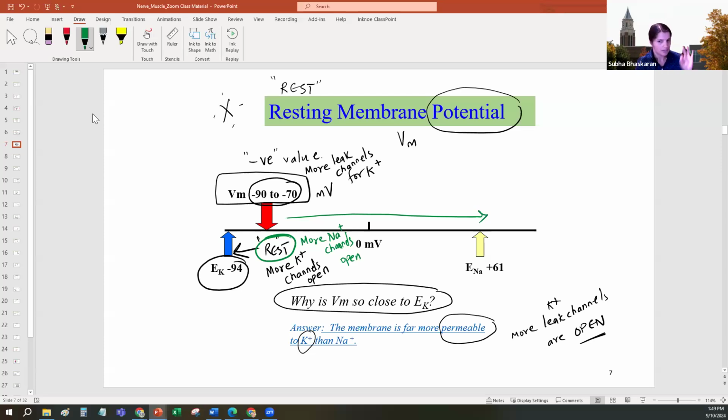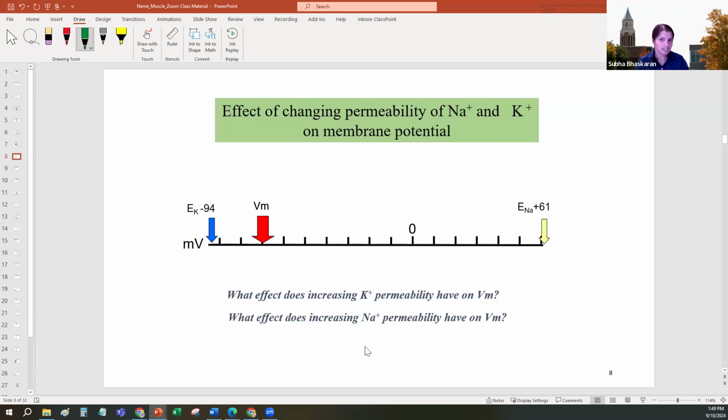So again, we have seen a few things. Effect of changing permeability of sodium and potassium, just to reiterate. What effect does increasing potassium permeability have? I want you to tell me what this question says in simple terms. This is very easy, but they have just made it complicated by using the term permeability.